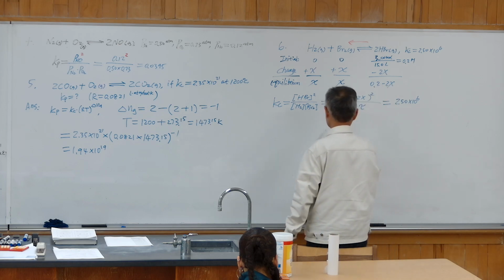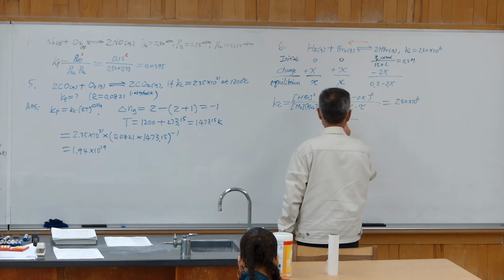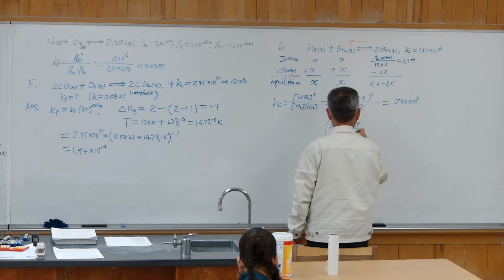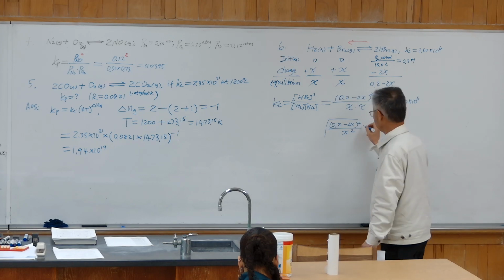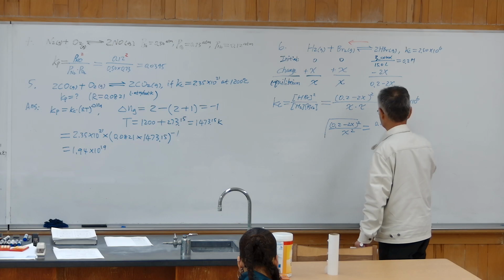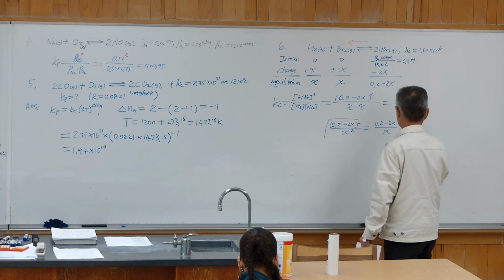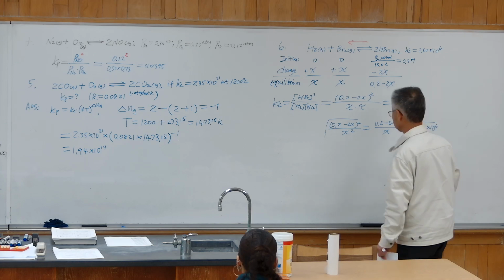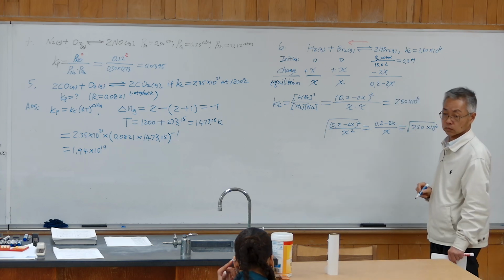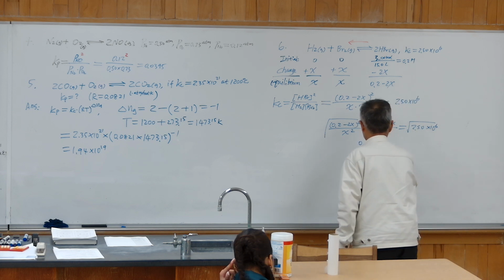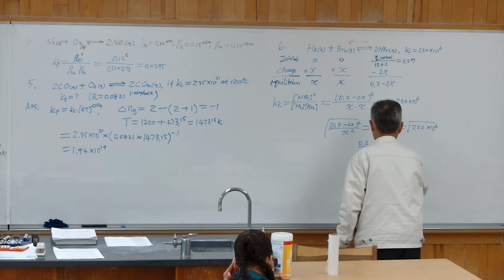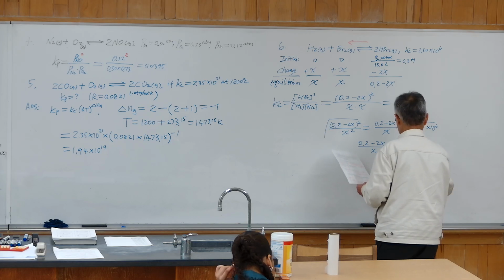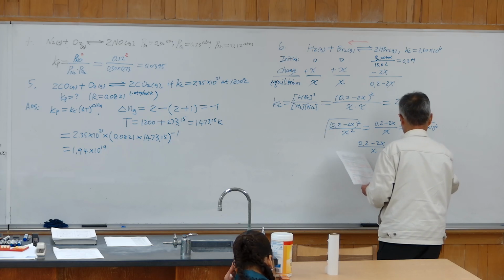Square root of this, 0.2 minus 2x over x, since this is x squared, equals the square root of this, right? Then 0.2 minus 2x over x equals 1.581 times 10 to the third power.